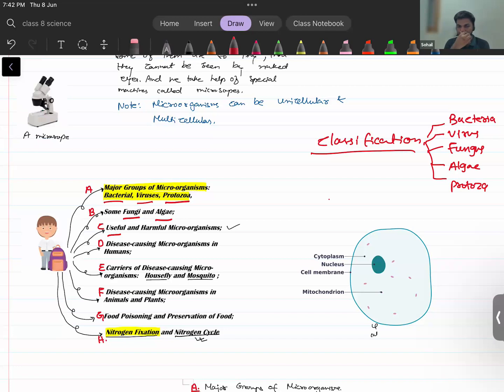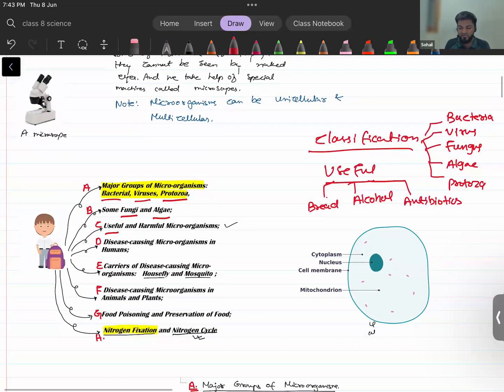Yes, sir. And another part which we discussed in the class so far was the useful bacteria, the good bacteria. In that we talked about how in bread making bacteria are used, how in alcohol production bacteria are used, and how for production of certain medicines like antibiotics, or the corona vaccine, the vaccines you or your parents must have taken when coronavirus was spreading.